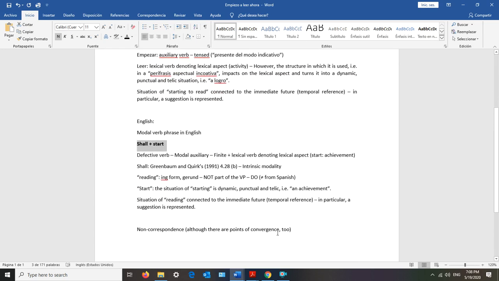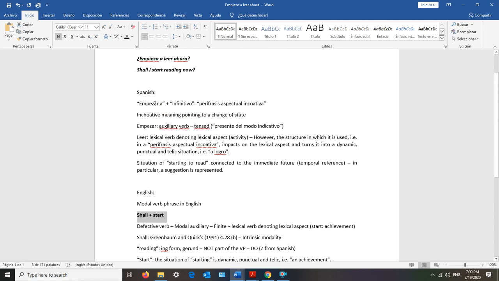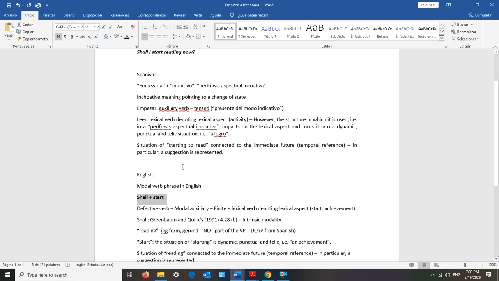Although there are points of convergence too, right? In that, although not a modal verb in Spanish, we can also speak of a VP that is made up of an auxiliary verb and a lexical verb in its infinitive form, like in English. And we can also speak of the same lexical aspect at stake and the same situation being represented, right, in the two, or by means of the two verb phrases.